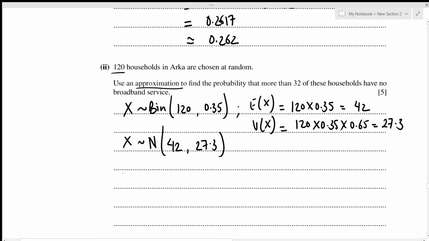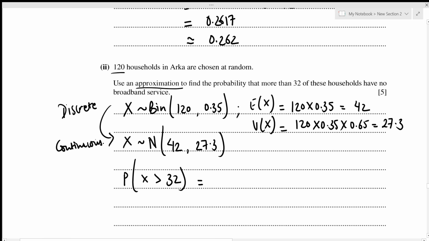Alright, now we need to figure out the probability that X is more than 32. So that's greater than 32. But since we're converting a discrete distribution, since the binomial distribution is a discrete one, to a continuous distribution, and normal is a continuous distribution, we need to perform a continuity correction.